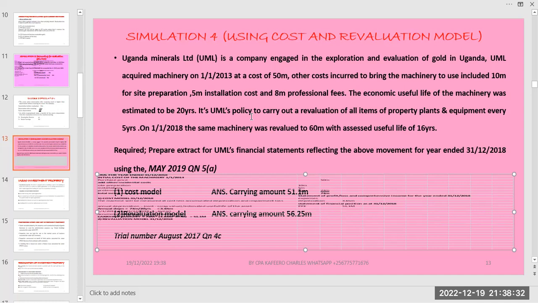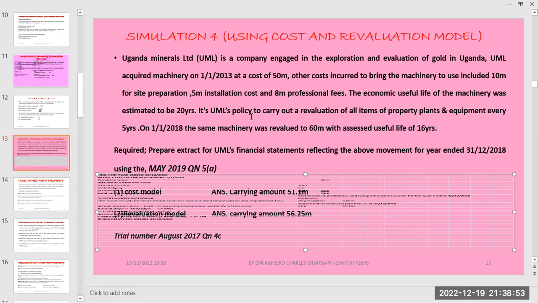So it doesn't necessarily mean that you are going to be having the same useful life at the time of revaluation, because these estimated useful lives, they're just estimates. Someone can overstate or someone can understate.